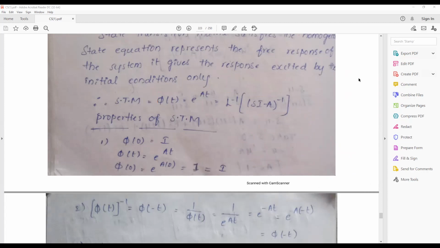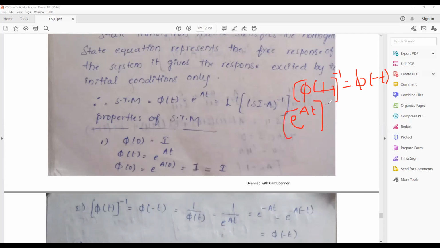Next, the second property, phi of t whole inverse is equal to phi of minus t. Phi of t whole inverse is e power At whole inverse.